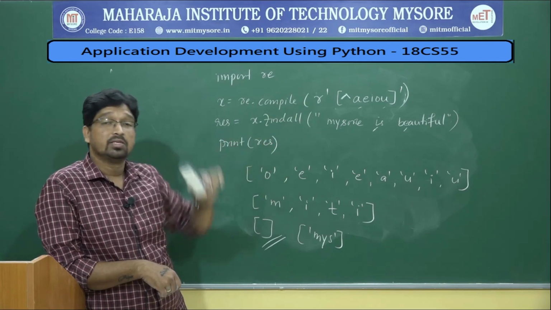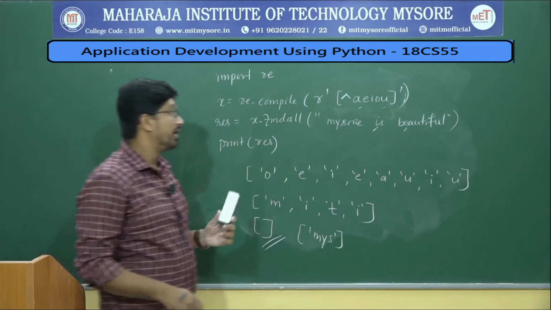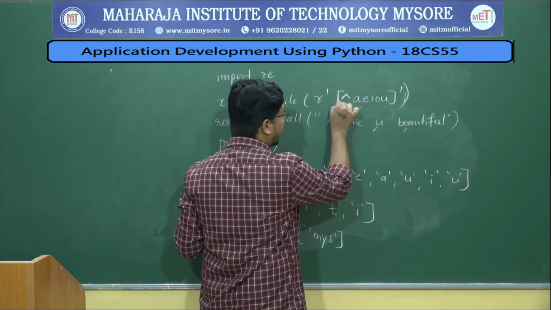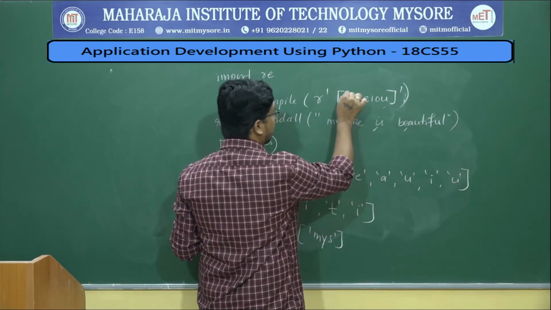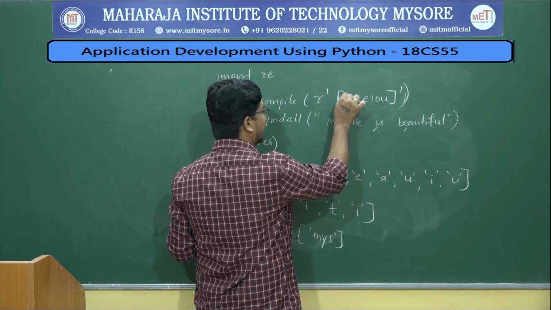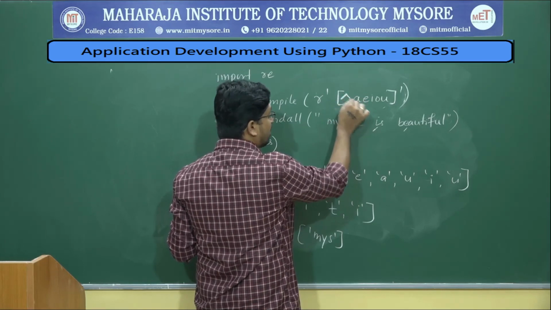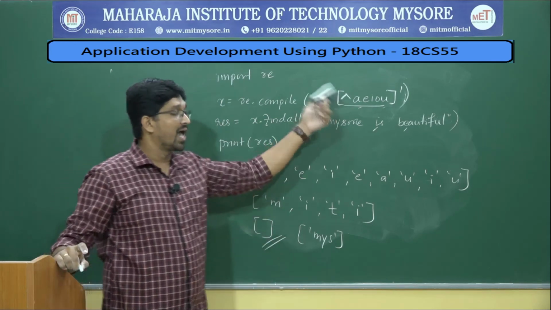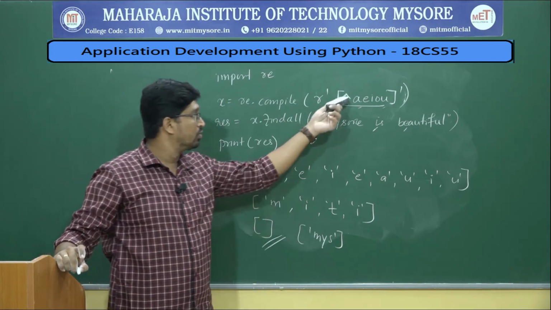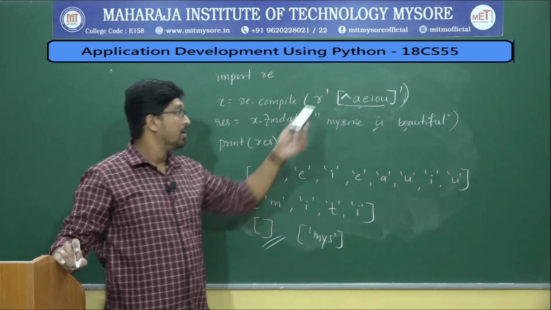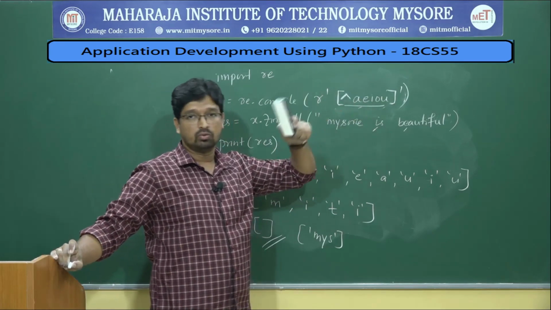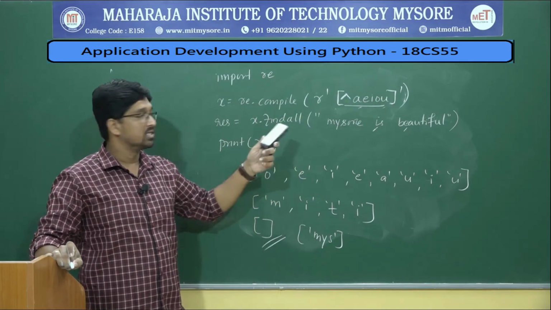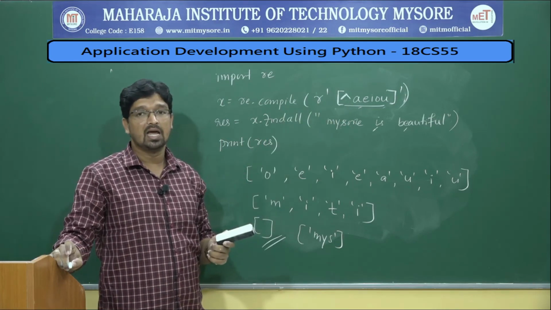But here there is one more usage of the caret symbol, where we use it inside the character set. If you use it inside the character set at the beginning, it indicates do not match A, E, I, O, U. So if you remove this caret, it says match only A, E, I, O, U. If you put caret, it indicates do not match A, E, I, O, U.